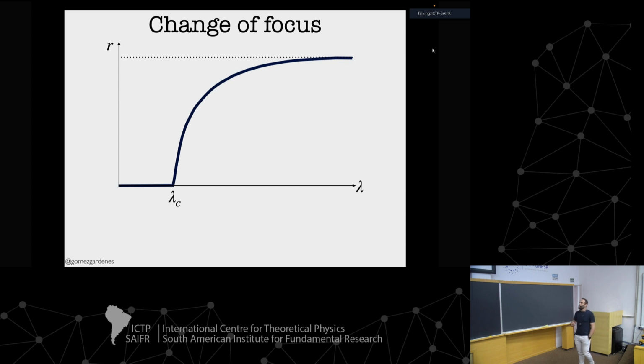We are abandoning the Kuramoto model because we are going to change our focus, okay? Up to now, we have studied the synchronization transition. Here you have the typical synchronization parameter, the Kuramoto parameter, for instance, and here you have the coupling. We have studied the passage from the incoherent regime to the onset of synchronization.